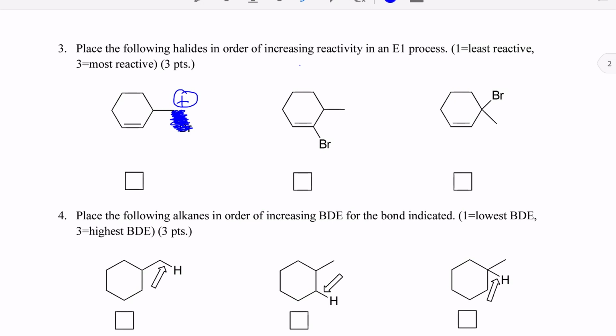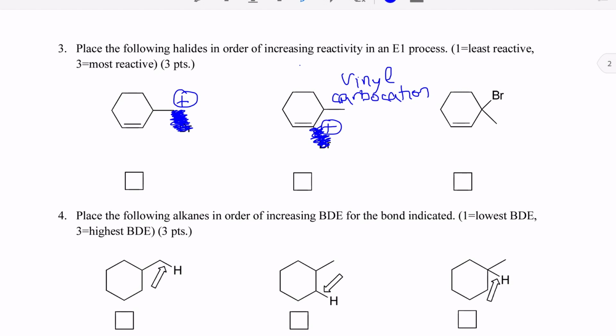For the second one, when we block out this group as well, we are left with something that's referred to as a vinyl carbocation, because there is a double bond attached to the carbon that is positively charged.